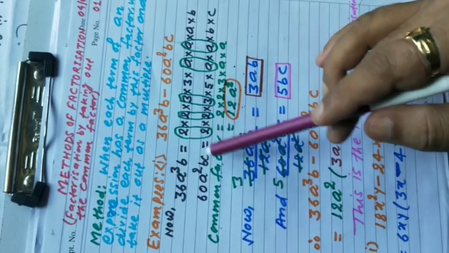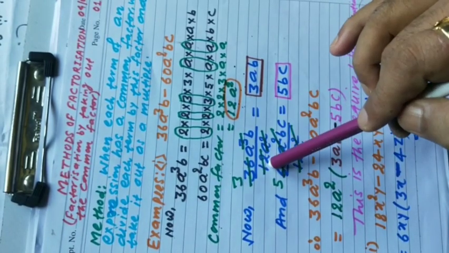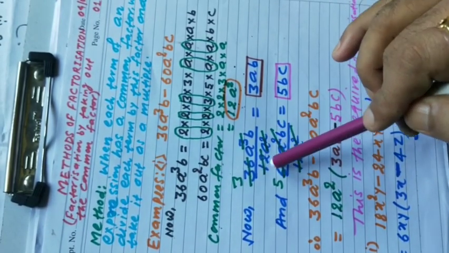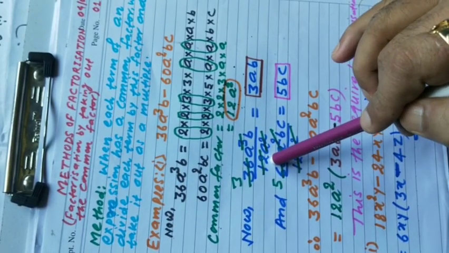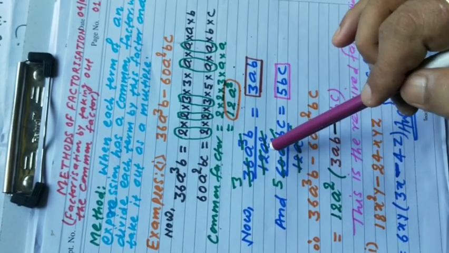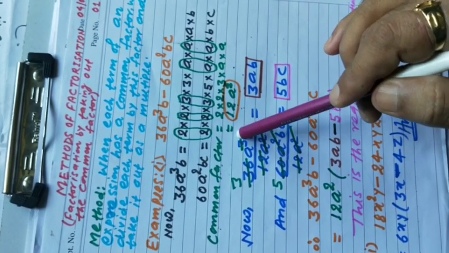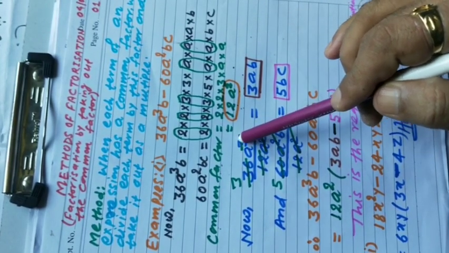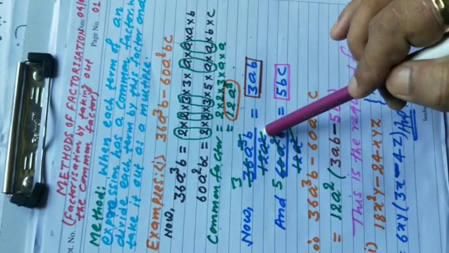So let us divide 36a cube b divided by 12a square. Then 36 will be cancelled by 12 in 3 times, and a raised to the power 3 is there, and in the denominator a raised to the power 2 is there.